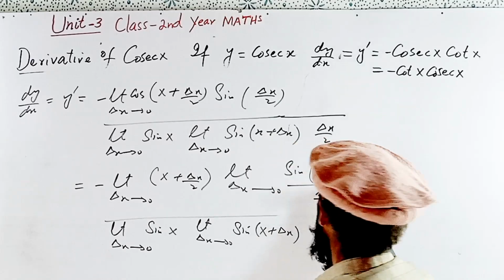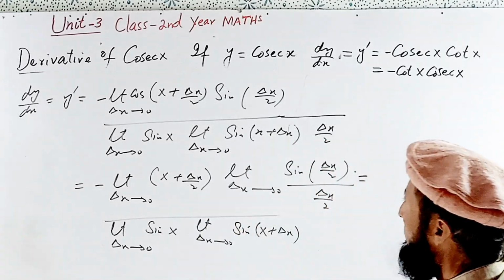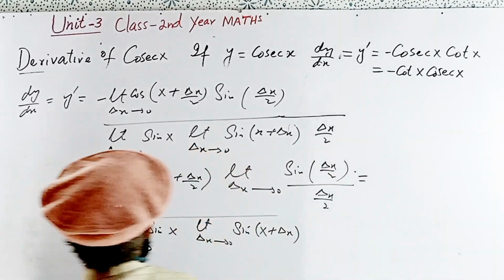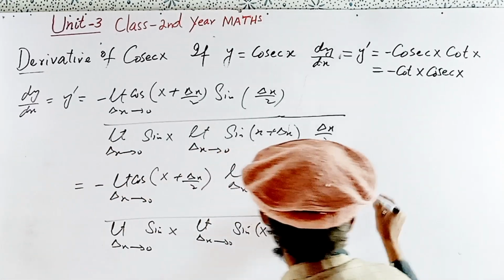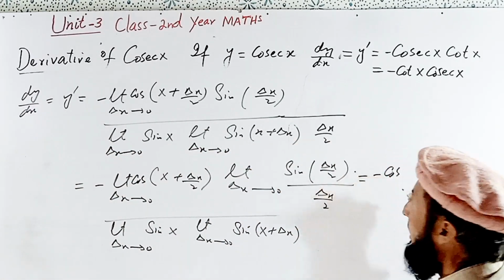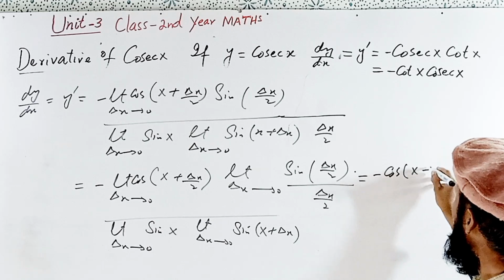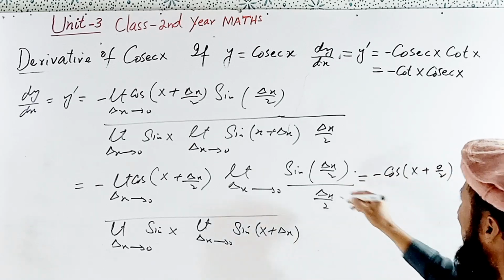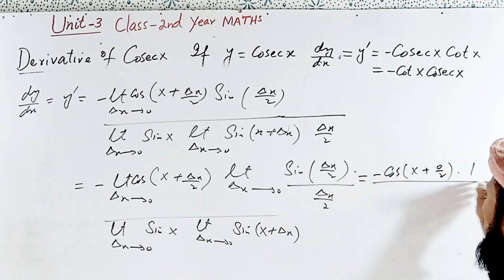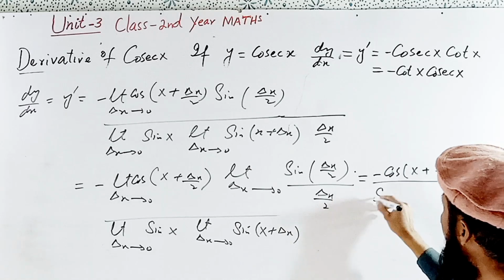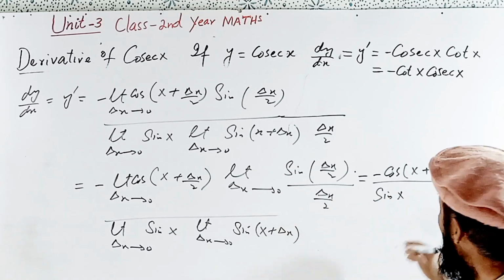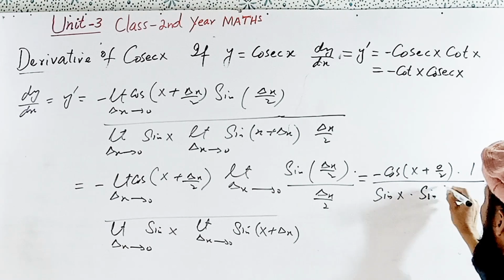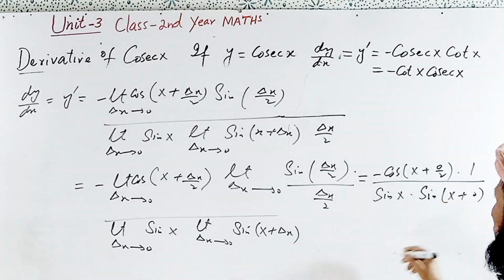Now we get the result: minus cos x plus 0 divided by 2 gives cos x, the sine limit gives 1, divided by sin x and sin x plus 0.